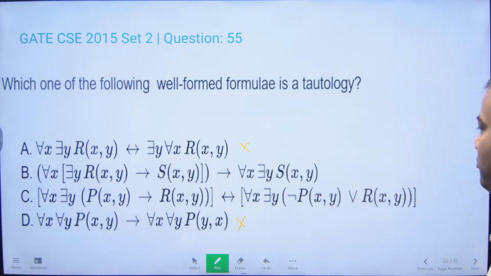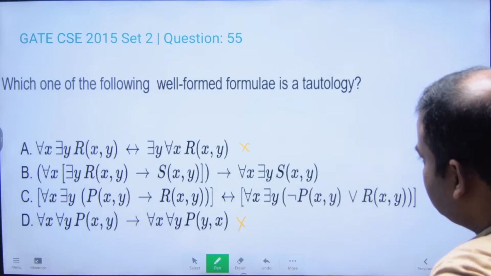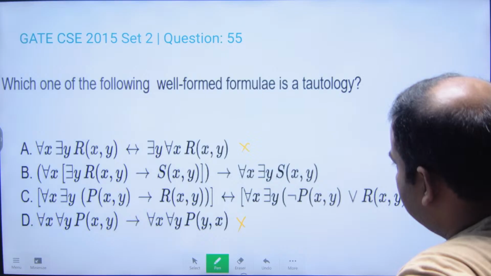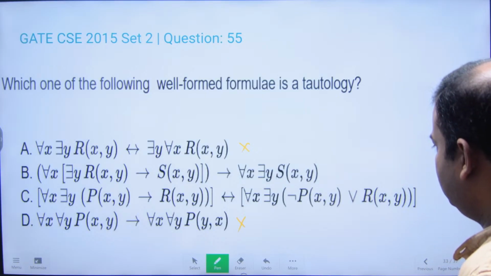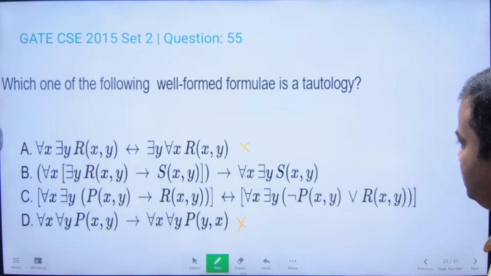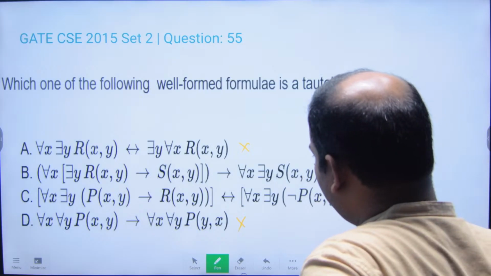Now you have two options. For all x, there exists y.